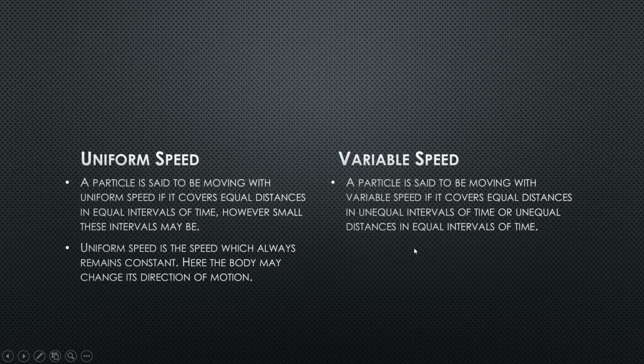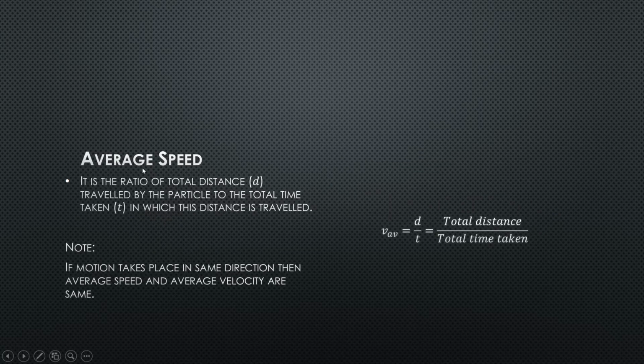So there is a change in either distance or time. Okay, so average speed is the ratio of total distance all over total time taken.